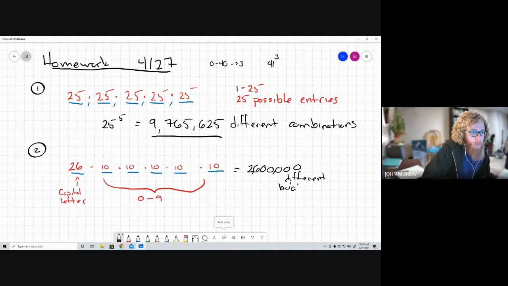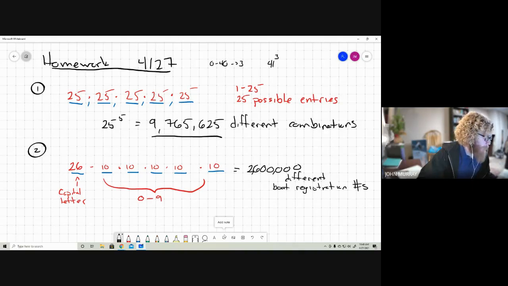That's 2.6 million different boat registration numbers. All right. Any questions about that?